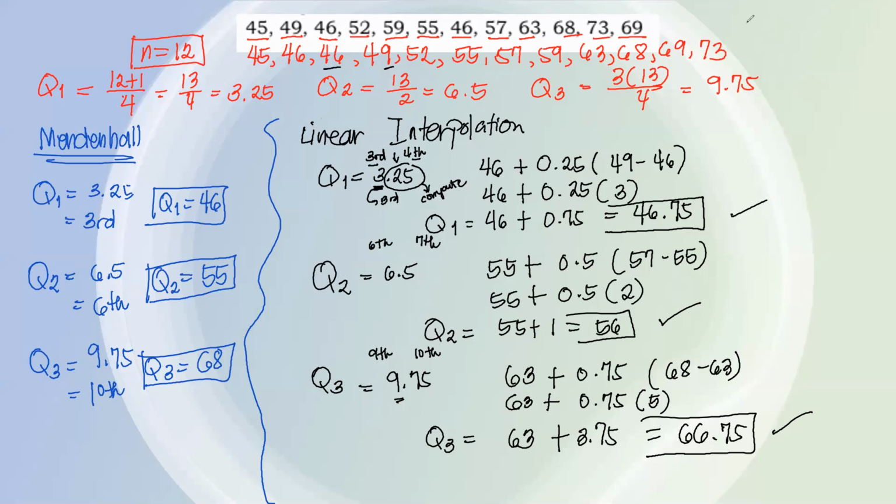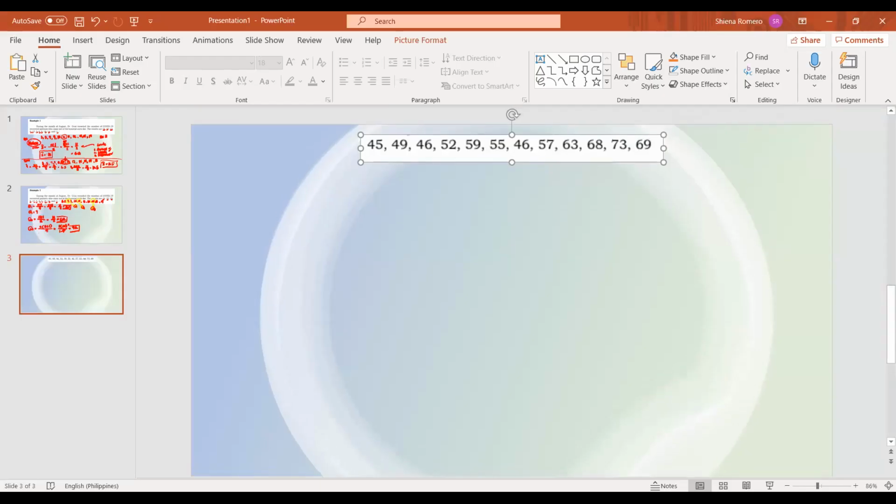Pwede ko na ito i-clear? Pag 2.5, bakit yung 7.5?